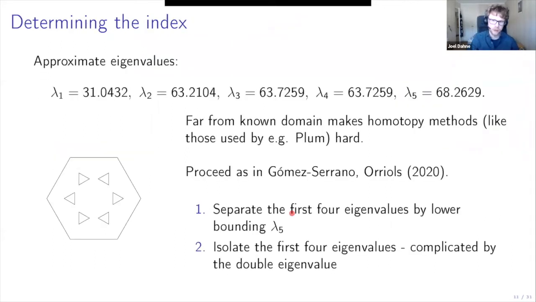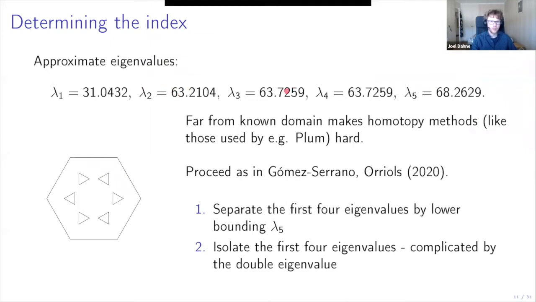So let's start with this determination of the index. This is one of the more important parts. Just to get some idea of what's happening, we can compute approximate eigenvalues. This was basically just throwing the domain into MATLAB and seeing what it gave. So these are rough estimates, they're not rigorous in any way. We're interested in the second eigenvalue, and there are two things to notice here.